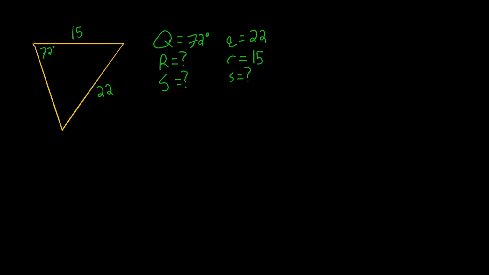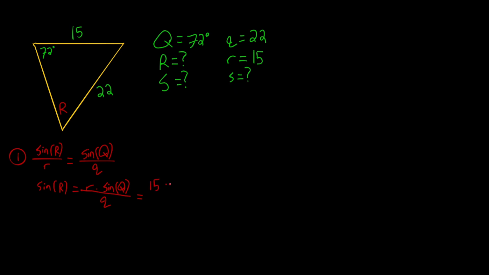So we're going to start by solving for our unknown angle R right there. This is going to be done using sine law. So we'll say that the sine of R divided by R is equal to the sine of Q divided by Q. So what I get is that the sine of R is equal to R times the sine of Q divided by Q. And just because I don't have much room on the bottom, I'm going to write right beside it.